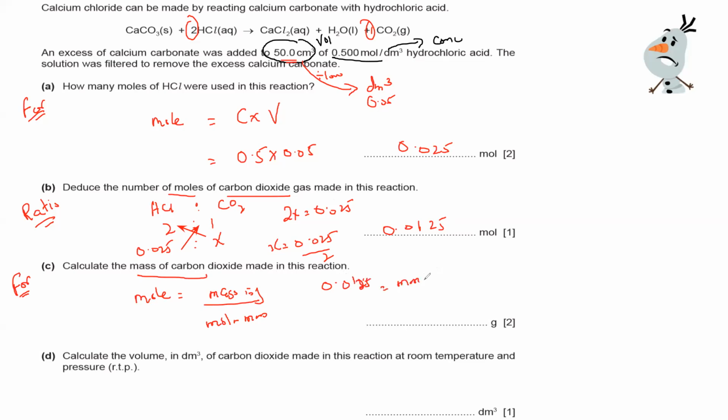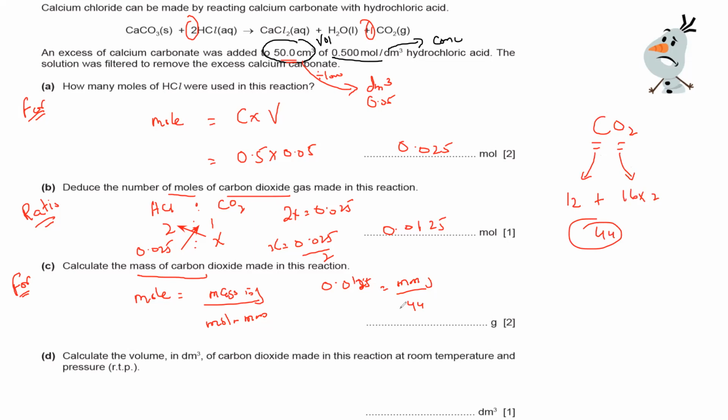Mass in gram is unknown. And the molar mass of carbon dioxide, because carbon dioxide is CO2: when you check the periodic table, carbon is 12 and oxygen is 16. So 12 plus 16 multiplied by 2, 12 plus 32, that makes 44. So molar mass is 44.